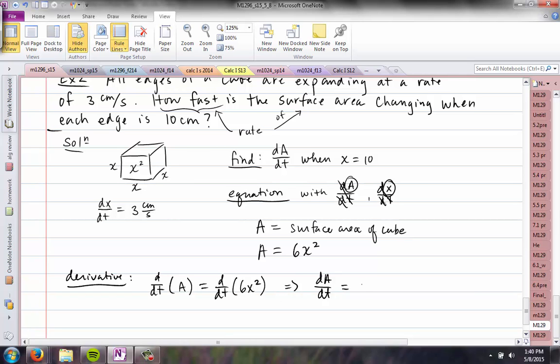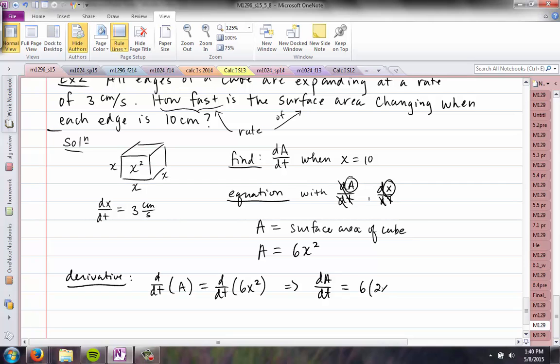And then here I have a constant 6, and I need to now use the chain rule, because x is implicitly a function of time. It's changing with time, but I don't have x explicitly as a function of t. So I use implicit differentiation, where I take the derivative with respect to x, of the outside function.